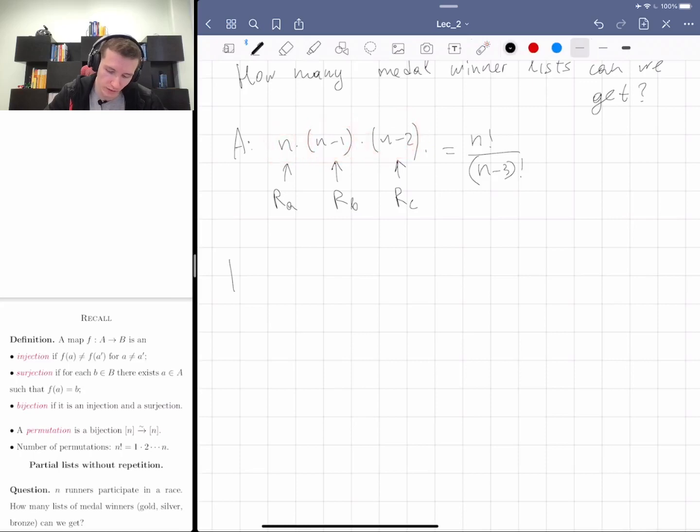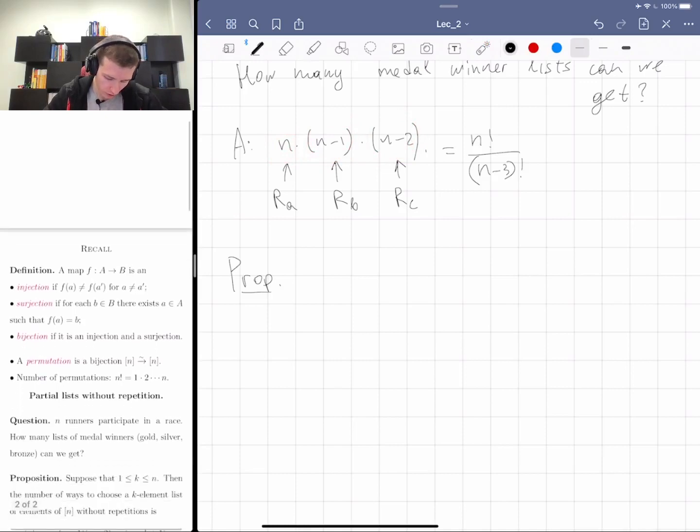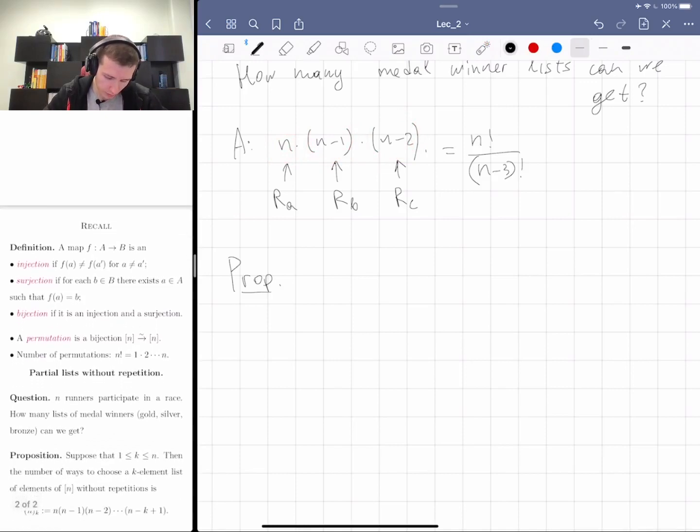So we have basically shown the following proposition. In words it sounds kind of clunky, but let me write it down.